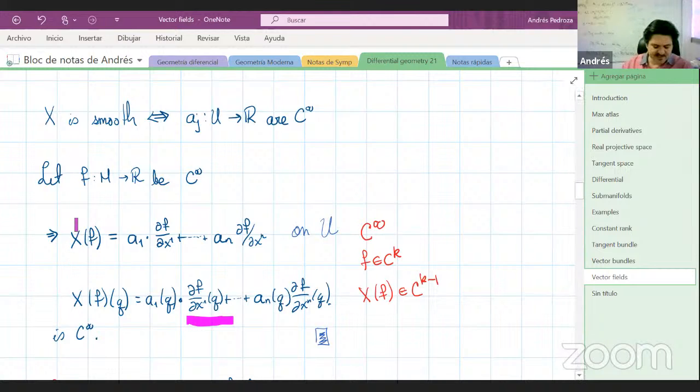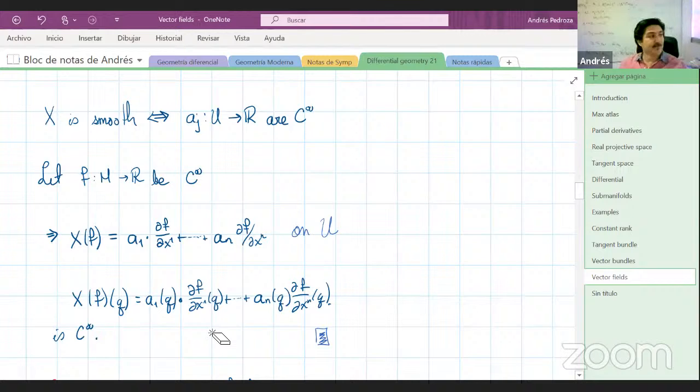So that's why it is useful to think of a vector field as a type of derivative. We lower the degree by 1. So that's what happens if instead of looking at C infinity functions, we consider functions of order k differentiable. So we have to be careful with that. And that one, it is useful to have C infinity functions. Everything works out very well, and we don't have to worry about the order.